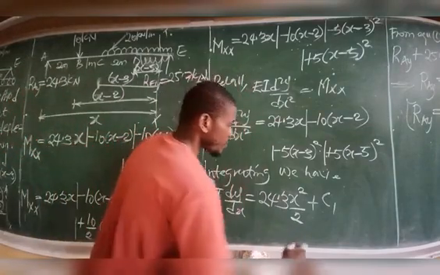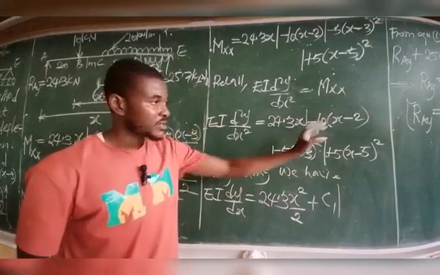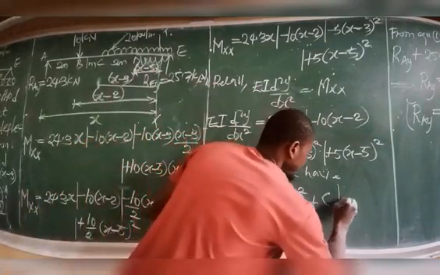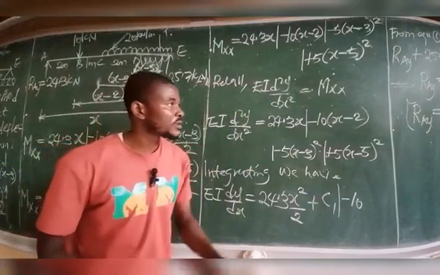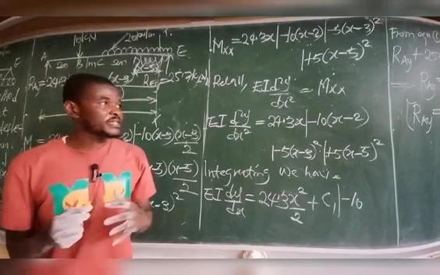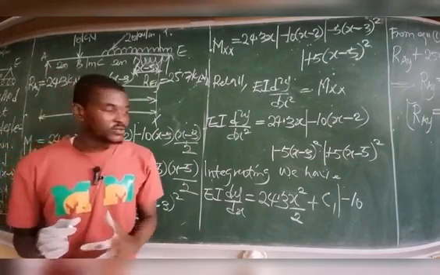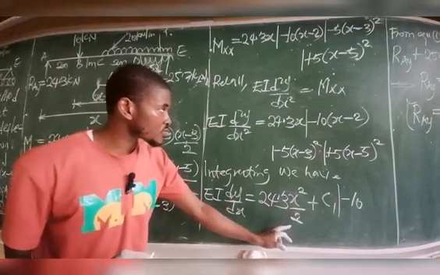Alright, so after that, we can now integrate the function in the bracket. So put down your minus 10. Now integrating x minus 2, according to Macaulay's theorem, you integrate it as a single variable function, the same way you integrated x here to be x squared over 2.